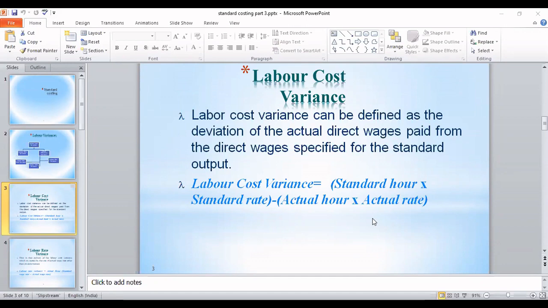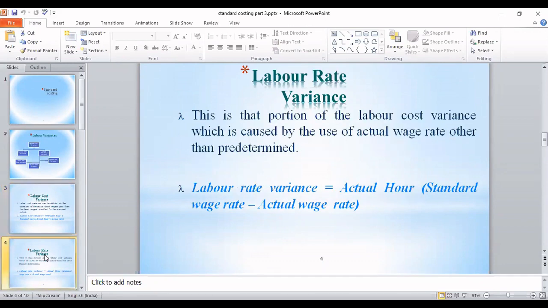The next one is labor rate variance, which talks about the variance coming due to a change in labor rate. You expected that your labor is going to work at 50 rupees per hour, but your labor demanded, no sir, I can work only if you pay me 60 rupees per hour.